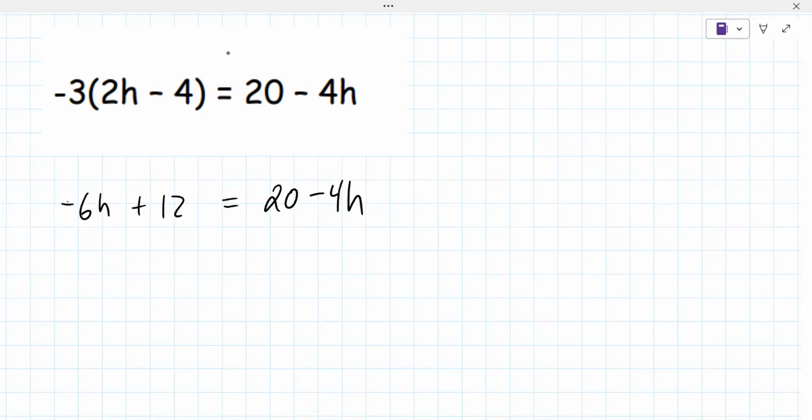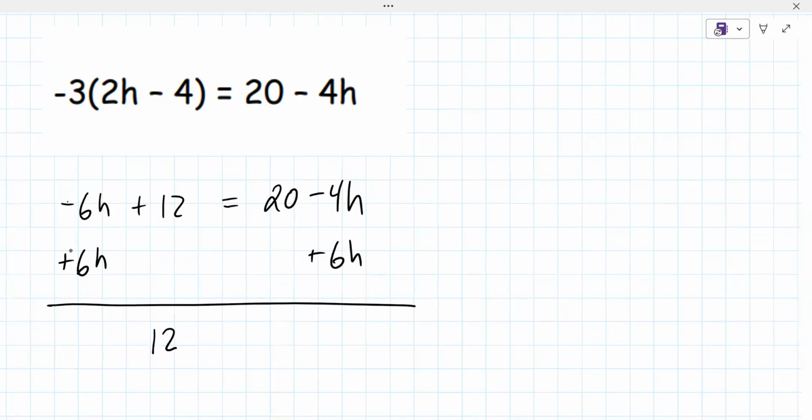Just confirming here that you got minus 6H plus 12 on the left equals 20 minus 4H. Yeah. And now I'm combining the variable ones. Okay, and hopefully because minus 6H is less than minus 4H, you're moving it that direction. Oh wait, I forgot there were minuses.